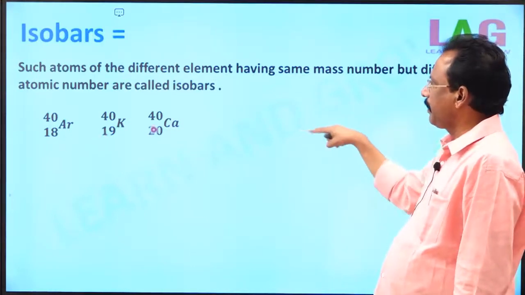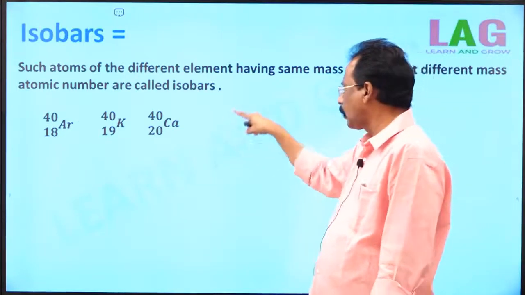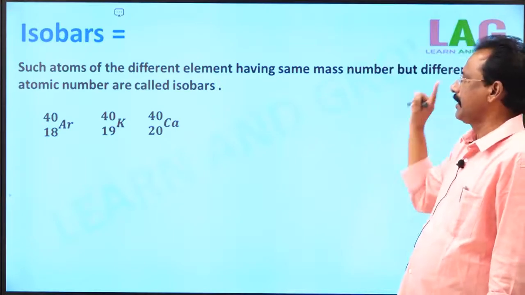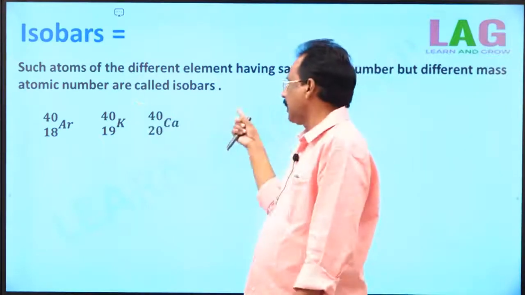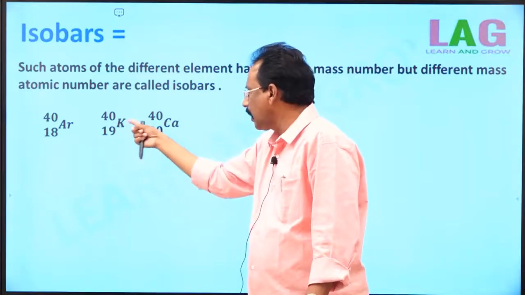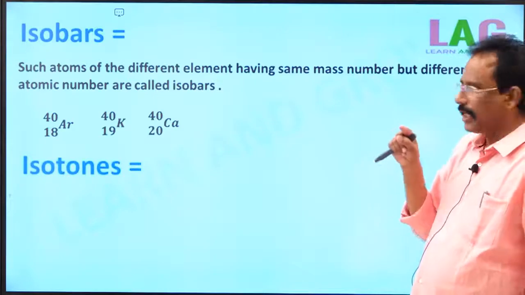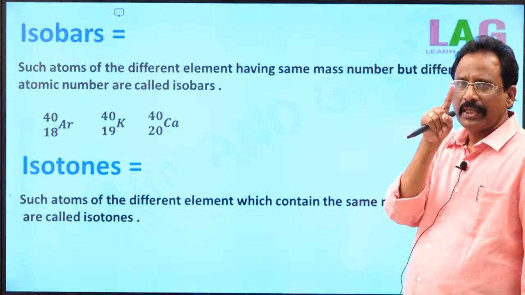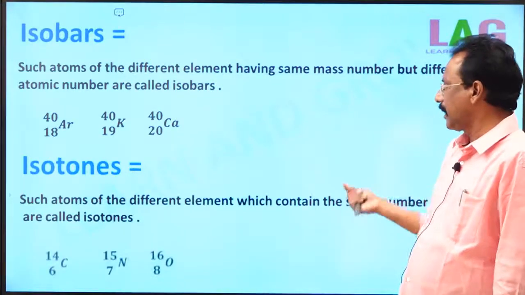For these 3 elements the atomic number is different, 18, 19, 20, but they possess the same mass number. So isobars have the same mass number but different atomic numbers, different numbers of protons. That's why isobars possess different properties, because they differ in proton number.